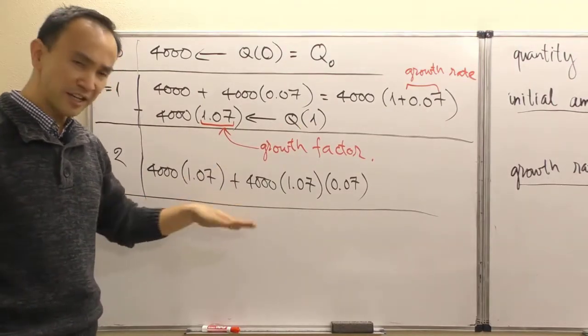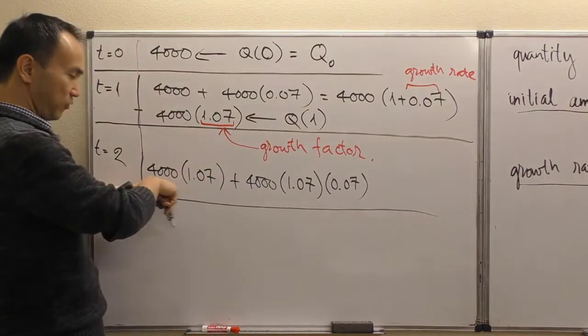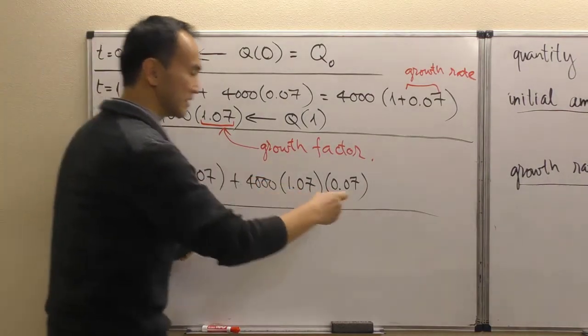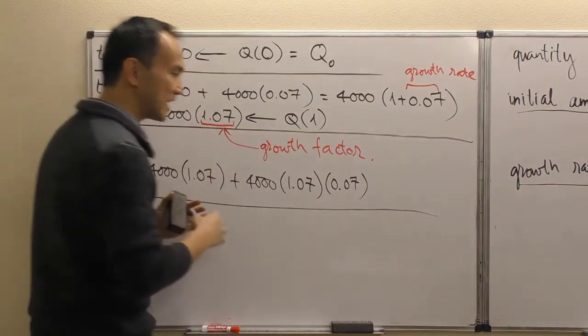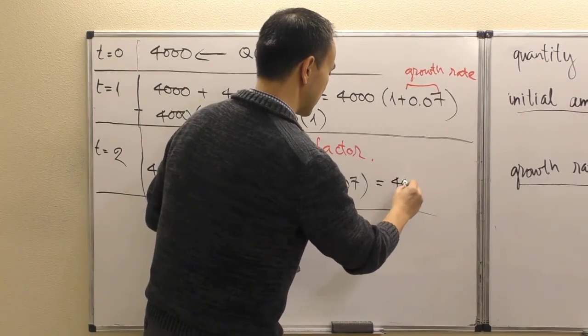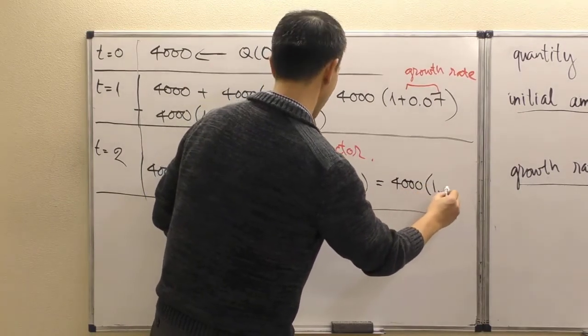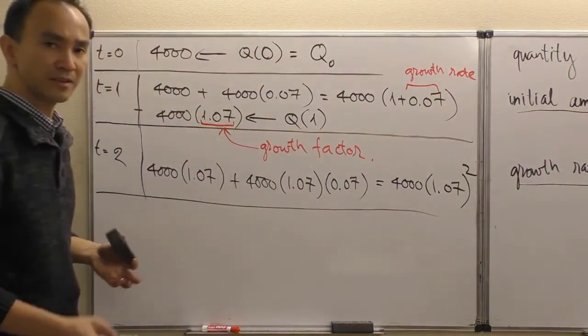That's why I break it down in a problem like this. Again, the common factor here is 4,000 times 1.07, so now I can rewrite all this. I've done this repetitively enough, so I'm going to skip straight to it. It eventually breaks down as 4,000 times 1.07, squared.